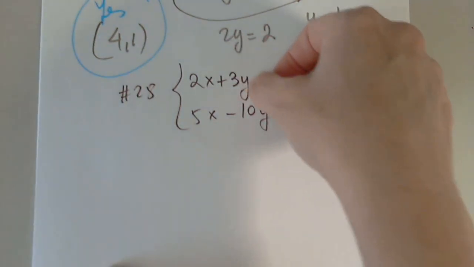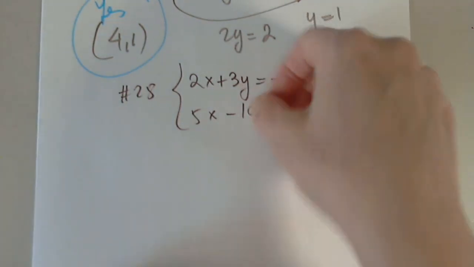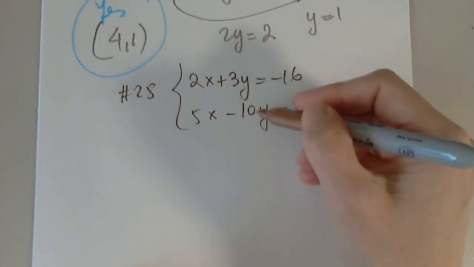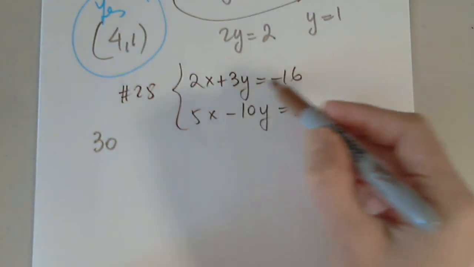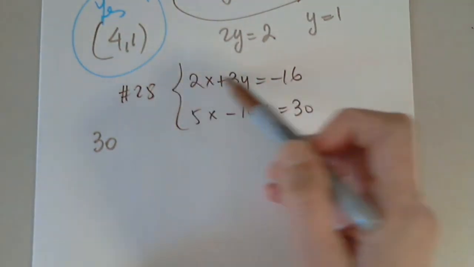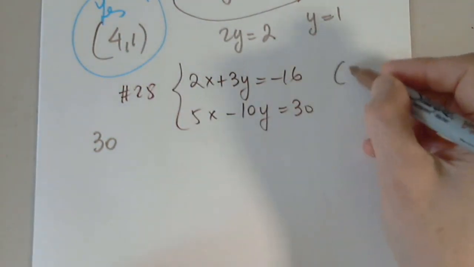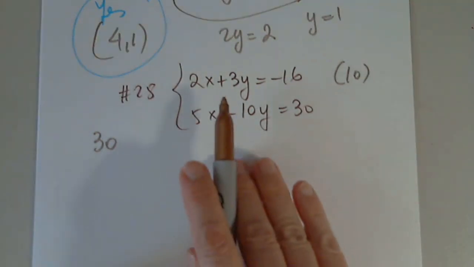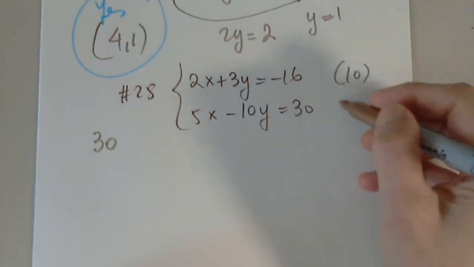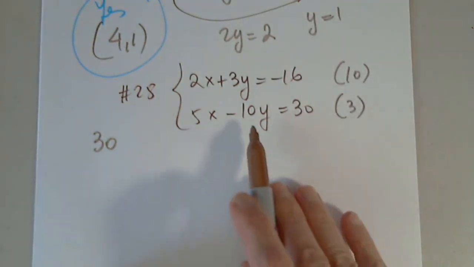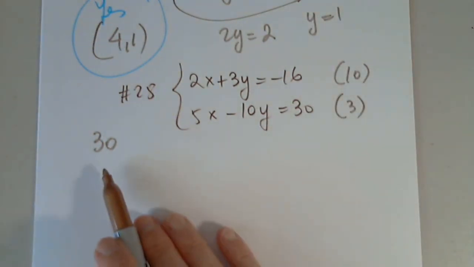If I choose to eliminate y, the least common multiple of 3 and 10 is 30. So the top equation will be multiplied by 10, so that I get 3 times 10 is 30. And the second equation will be multiplied by 3, so I get 3 times negative 10, negative 30.